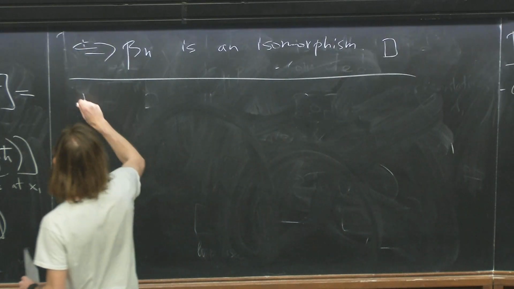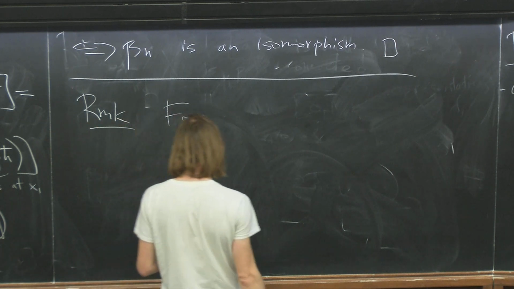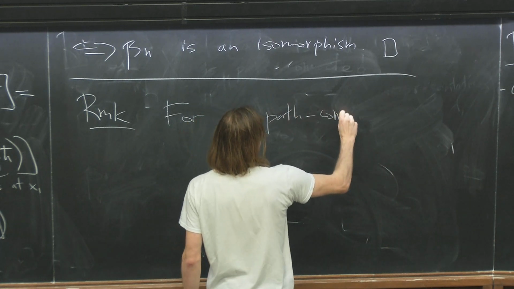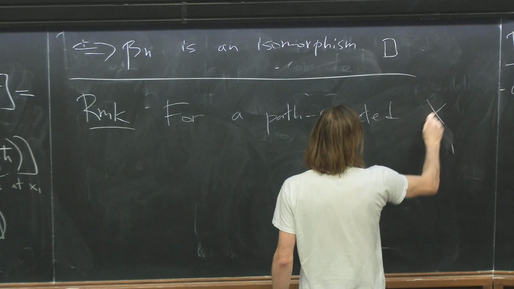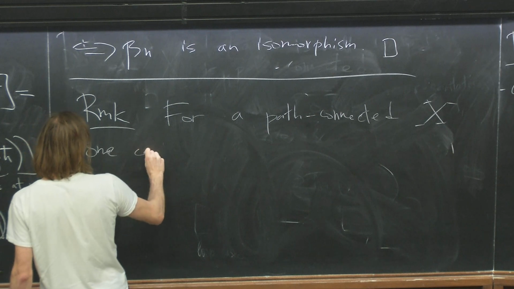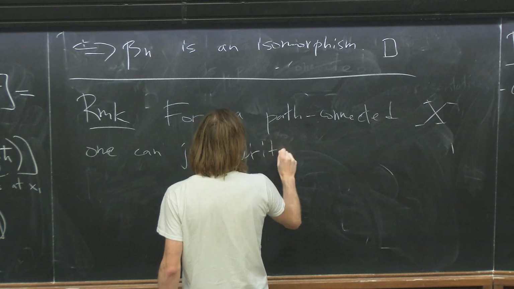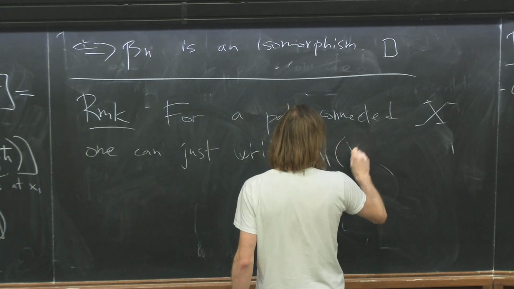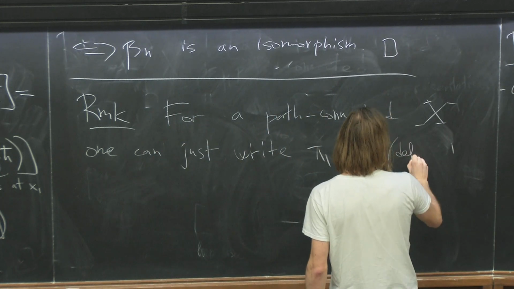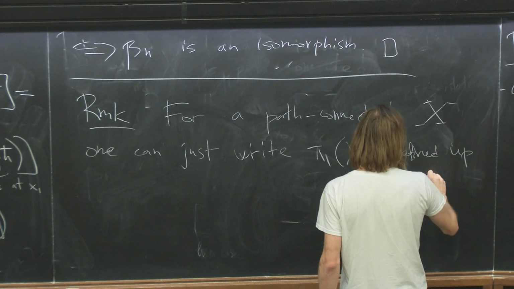So one can make the following remark, that for a path connected topological space X, one can just write pi1 of X, meaning that this is some group defined up to an isomorphism.